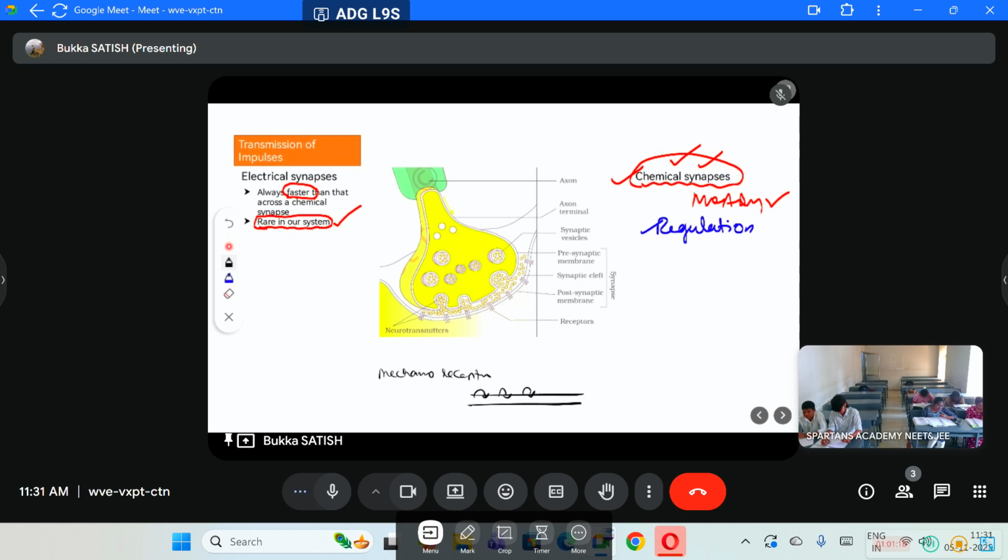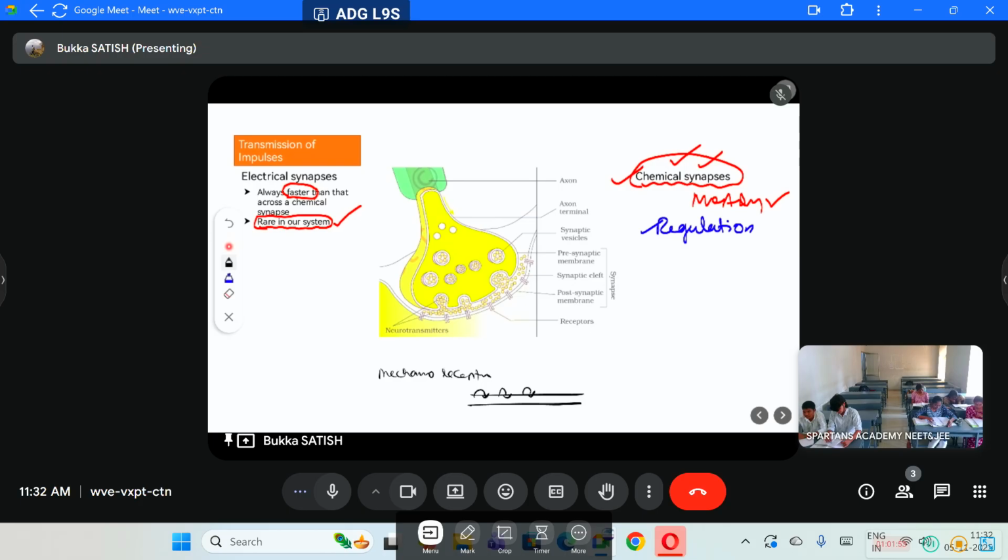Nerve injection. What injection? Which surgery? In the sense, you're talking about the anesthesia. Local anesthesias work on this principle that they will inhibit the conduction of nerve impulse.